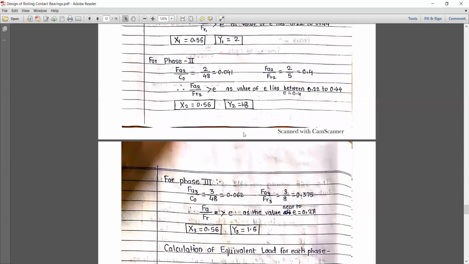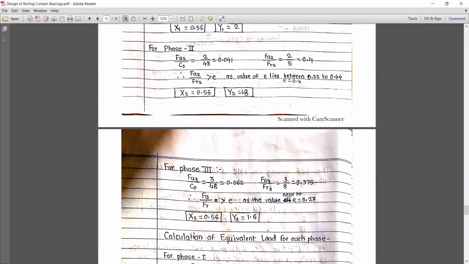For the second phase, we calculate with the same method, calculating the Fa upon C0 ratio and Fa upon Fr ratio for stage number 2. The Fa upon C0 ratio for stage number 2 is 0.041 and Fa upon Fr ratio is 0.4.